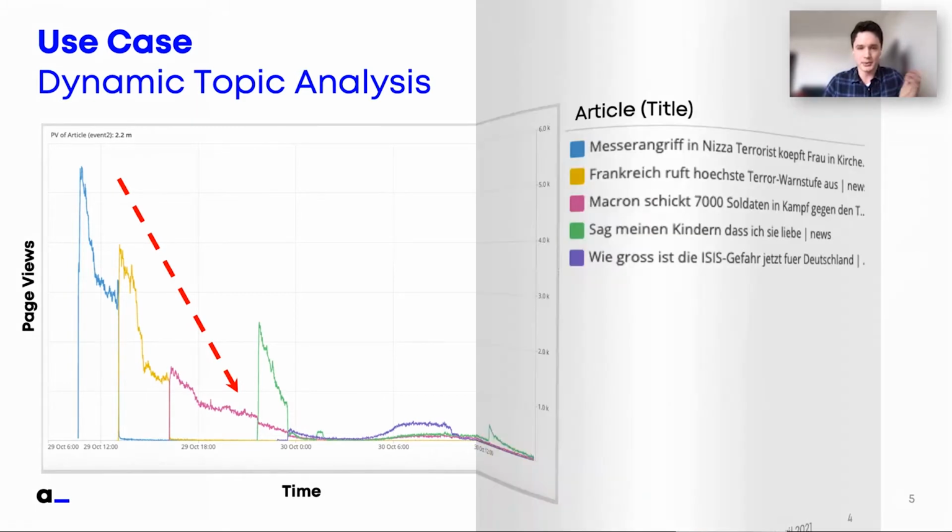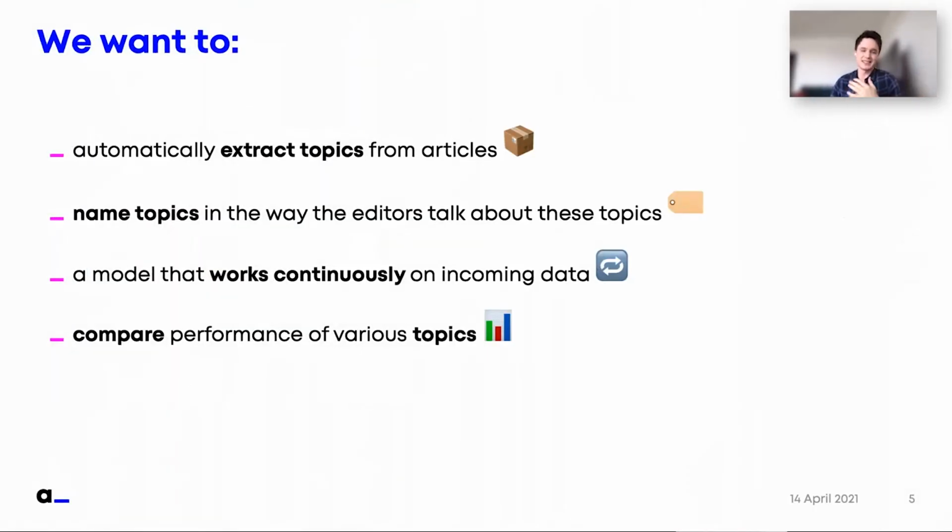So to sum it up, we want to automatically, programmatically extract the topics from our articles. Secondly, we need to be able to name these topics in a proper manner. So every topic should be unique and should be apparent for the user. Using keywords, it should be possible to identify this topic without needing to look at what the articles within the topic are.